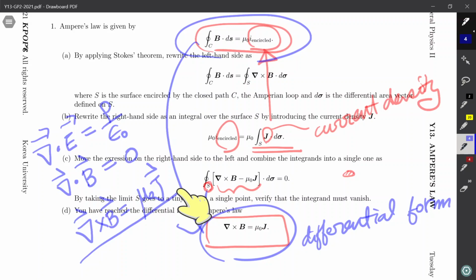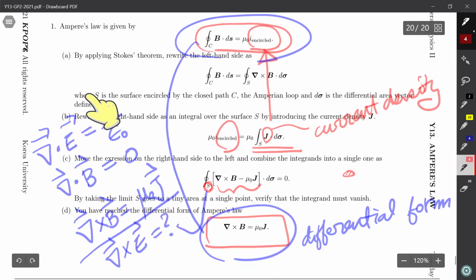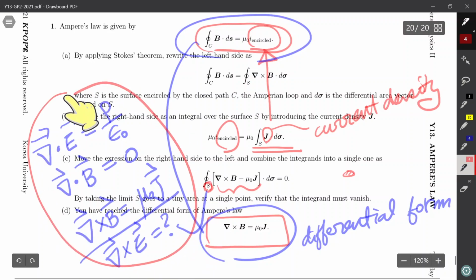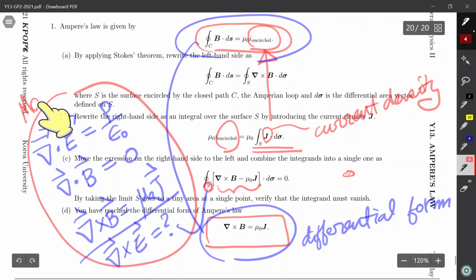Actually, Faraday's law will lead to the curl of the electric field. And these four, we will soon complete. These are Maxwell's equations.